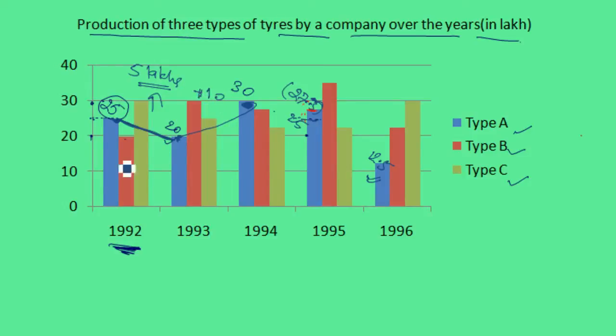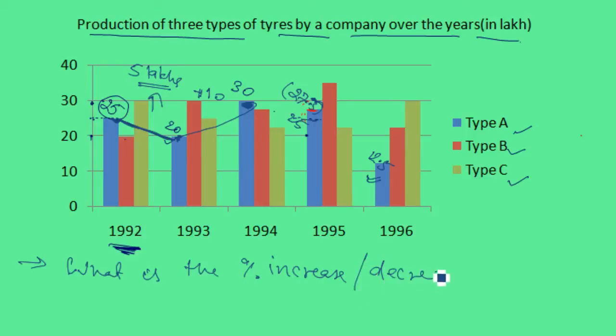So from here the question can be asked like what is the percentage increase or decrease in production. Similarly for type B and type C we can find out. Further, let's see a few questions and then we'll clear our concept better.